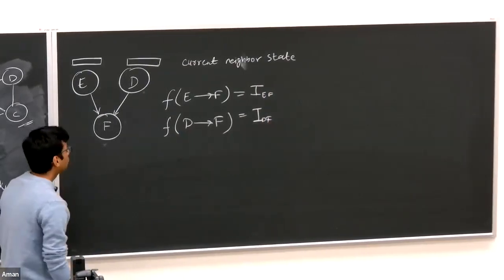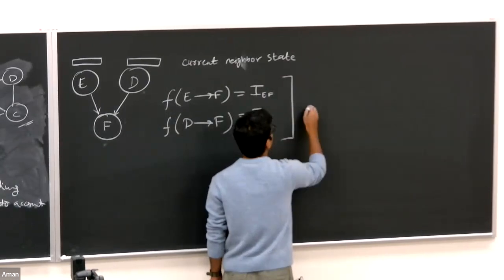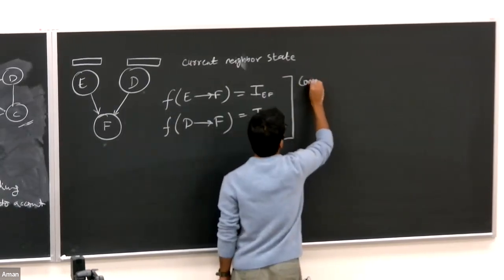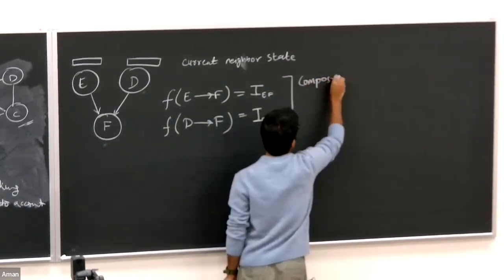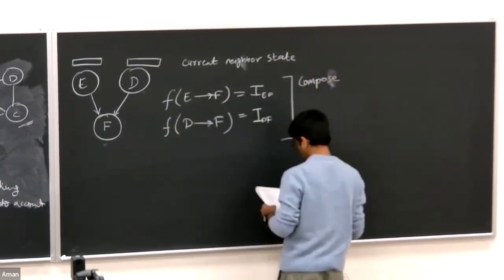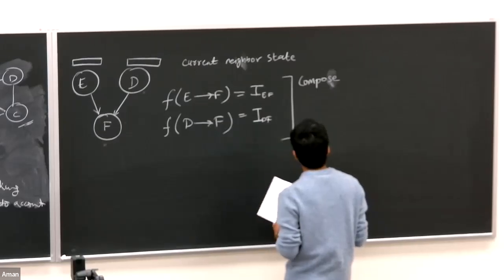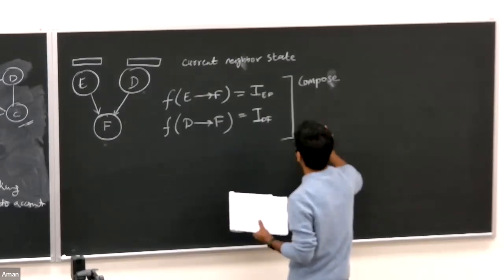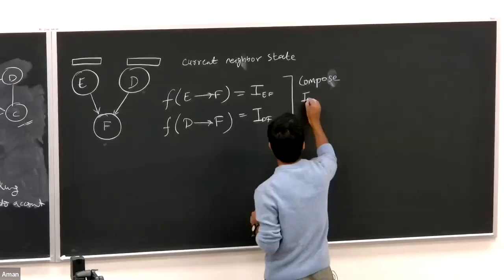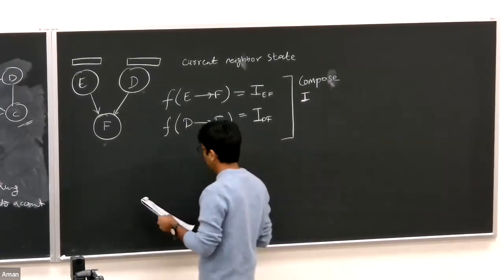Now, to update F, you compose these two together into, let's say, some kind of information I, and we'll see how we do this when we look at a specific example.